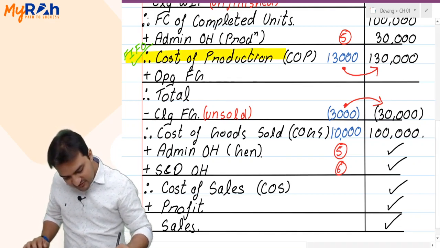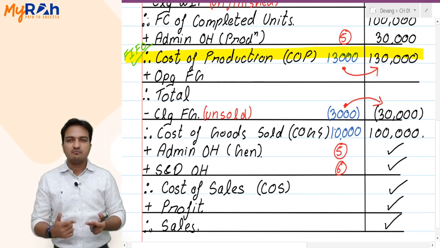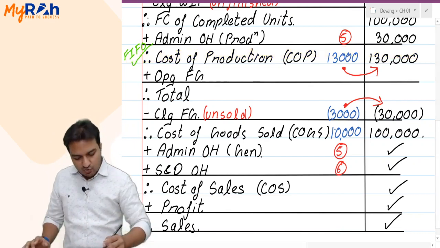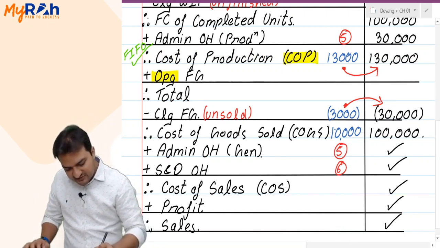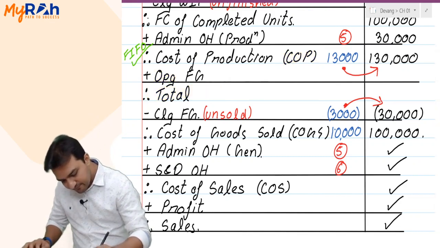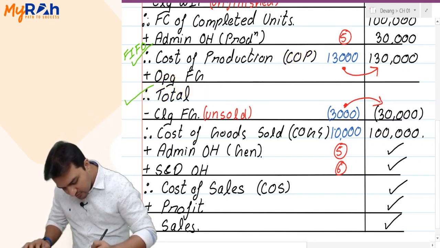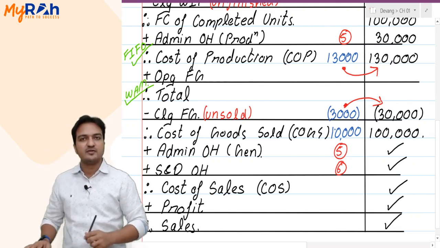based on this COP. But if I tell you to do calculation by weighted average method, then you do cross multiplication based on what? Based on COP plus opening, that is based on this total. So in the format, put a tick on this total and write down beside that weighted average method.